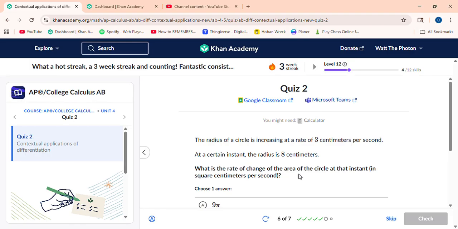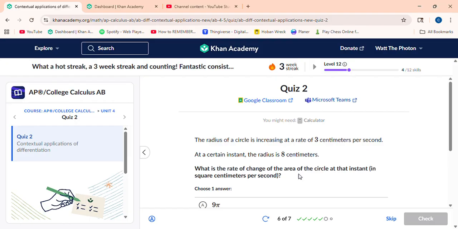So the area is equal to pi r squared. Area prime, area of t prime, is equal to 2 pi r times dr/dt. That sounds right. So dr/dt is 3, r is equal to 8.